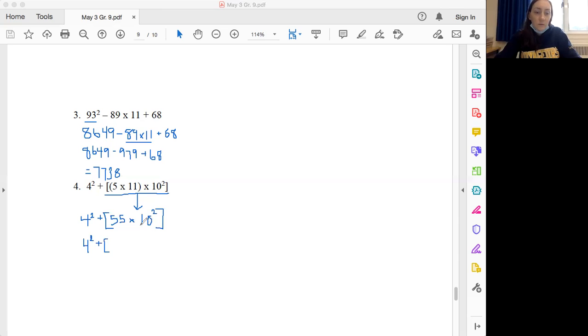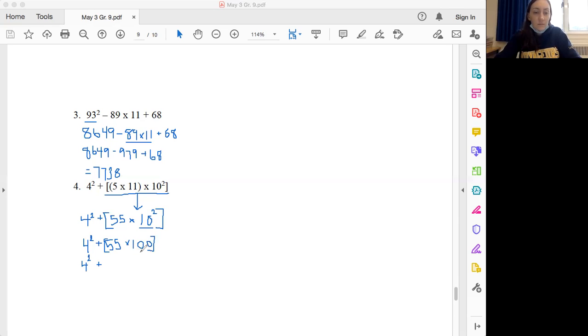There's an exponent inside of our bracket here. So we're still going to write 55. And then 10 squared is 100. Okay, and then finally, is there multiplication or division inside of our bracket? There is.